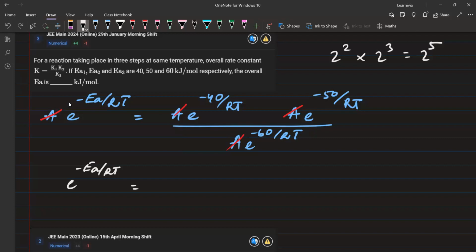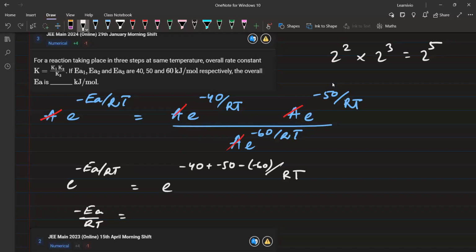Okay. Now what we can do? E to minus 40 plus minus 50 minus, because it is in denominator, minus 60. Divide by RT. Now when the bases are same, I can write minus EA upon RT.